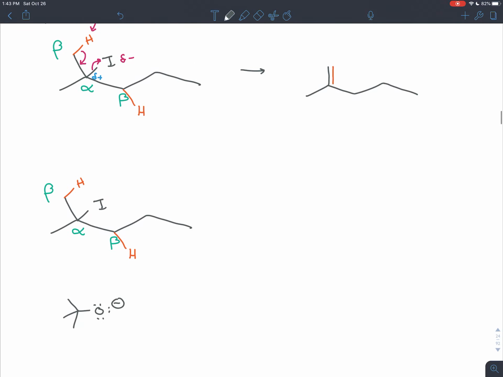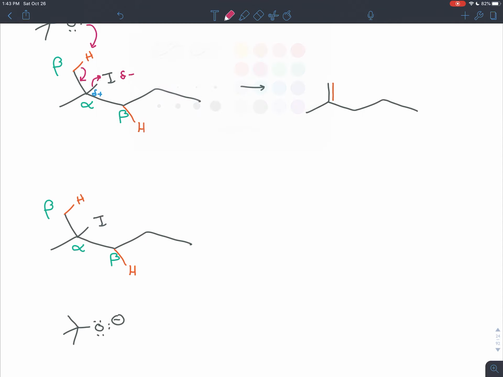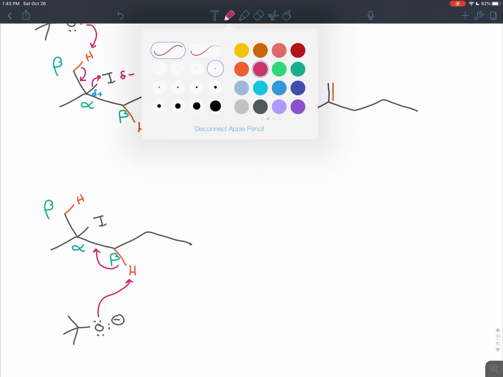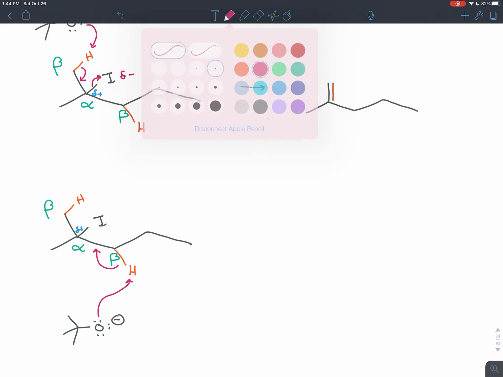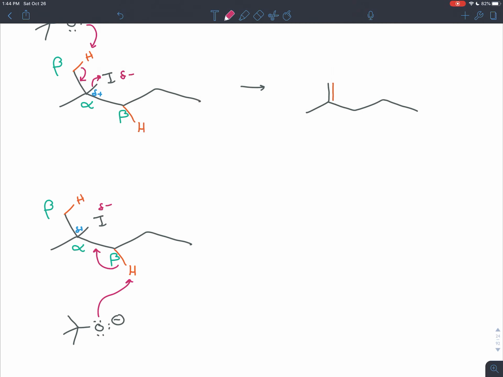Okay, what about if it stole the bottom hydrogen? If the butoxide, the tert butoxide, stole this hydrogen, well again, these electrons will go toward the slightly positive alpha carbon, and it's slightly positive because the iodine that it's bonded to is electronegative. And when these electrons go toward that positive charge, it pushes the iodine off of the molecule.